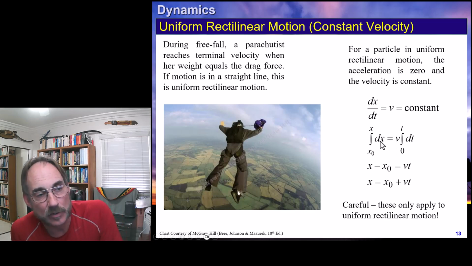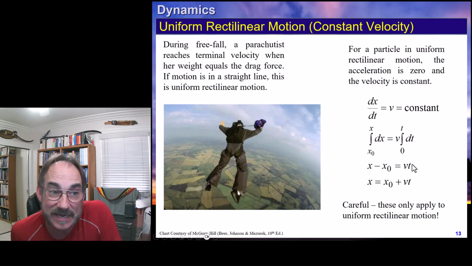The integral of dx is just x, but remember we have the limits of integration. We're going from x0 to x, which means x minus x0 is what that becomes. Here the v is unchanged, and inside here we just get a t, which is t minus t0, right? So what's shown as a t down here is just t minus t0 next to the v, okay?